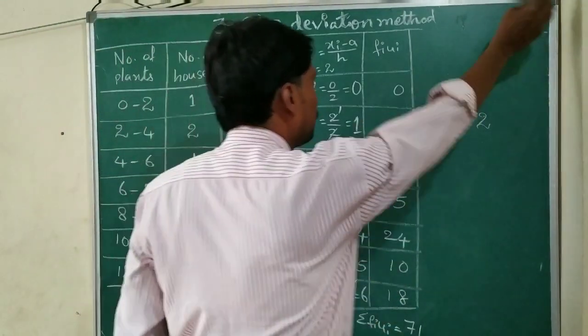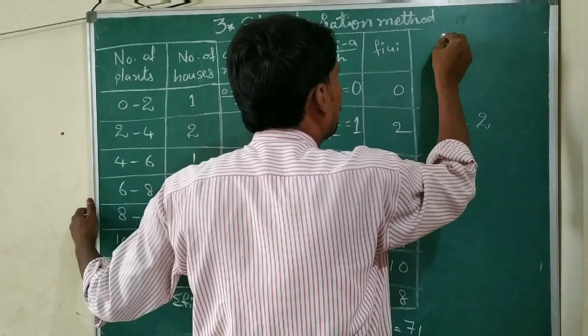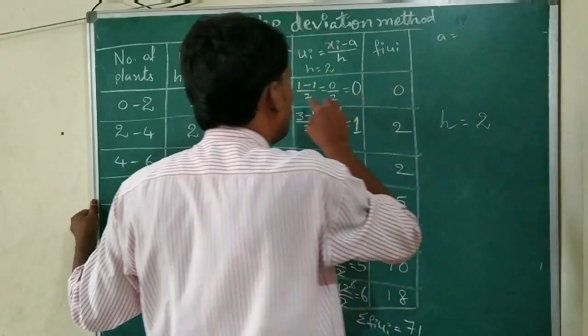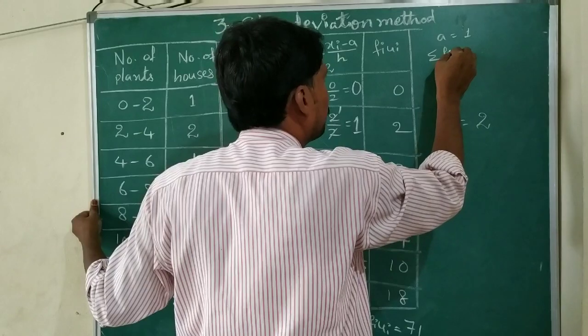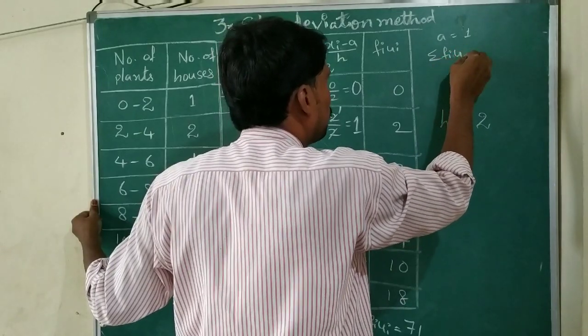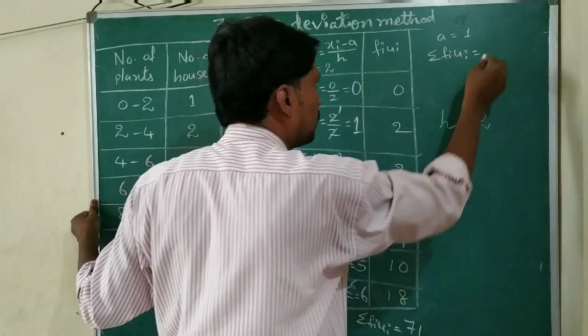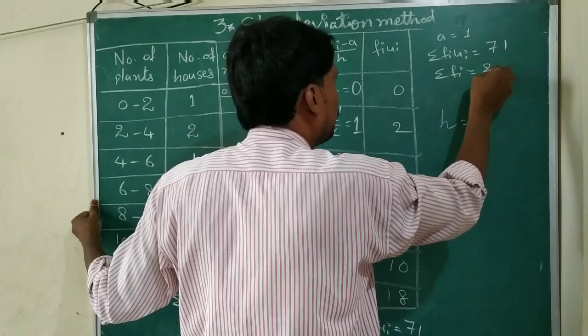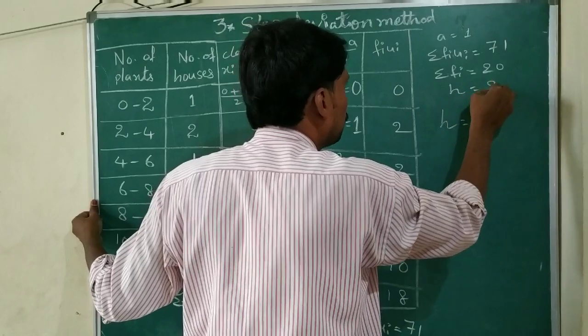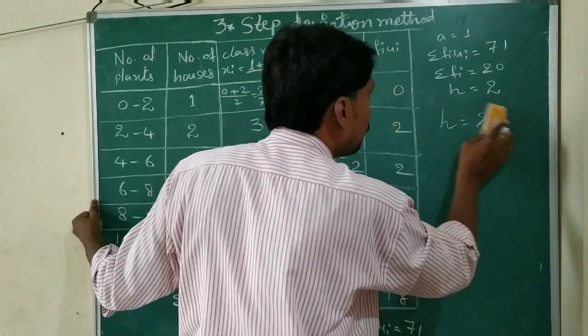Now we can write it here. The assumed value a is 1. Sigma fi ui is 71, sigma fi is 20, and the h value is 2.